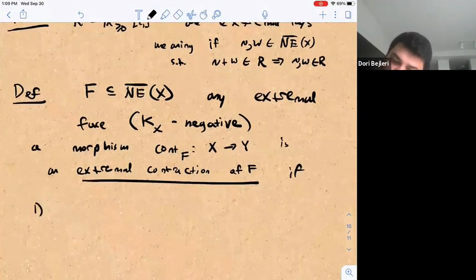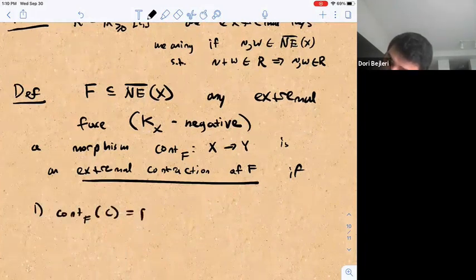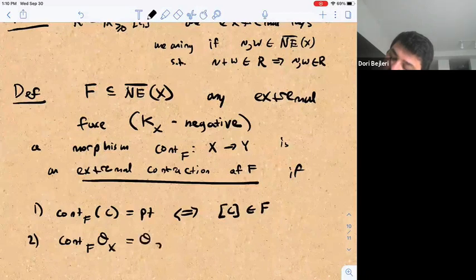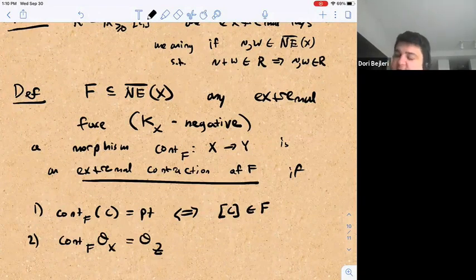The first property, which gives it its name, is that a curve is contracted by this f to a point if and only if the numerical equivalence class of this curve lies in our face. And two, the push forward of O_X is O_Y.